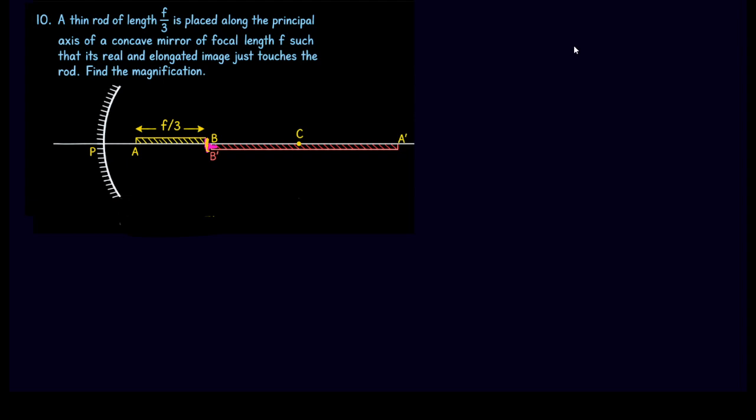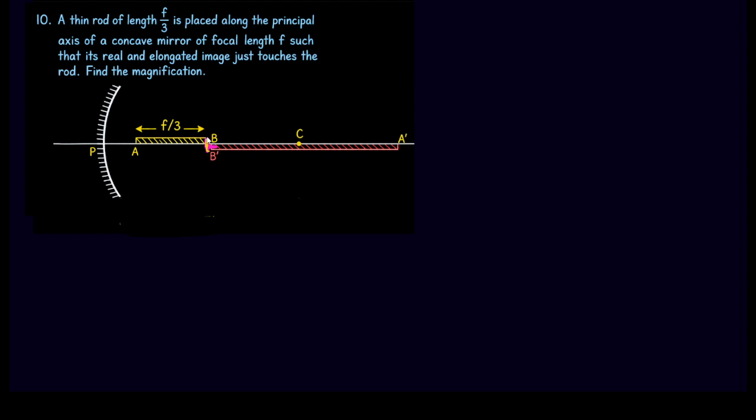At the center of curvature. If you locate the object at the center of curvature, the image will be formed of the same size, but inverted. But they're saying it's elongated.